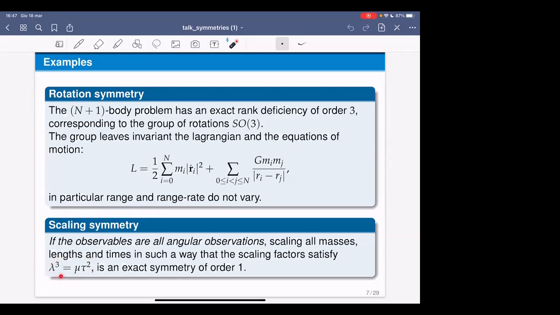It is Kepler's third law. Then this scaling is an exact symmetry of order 1.